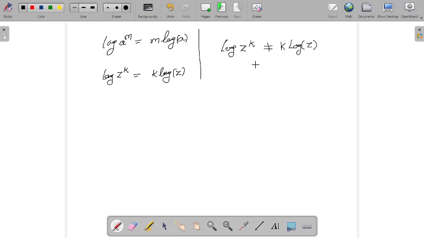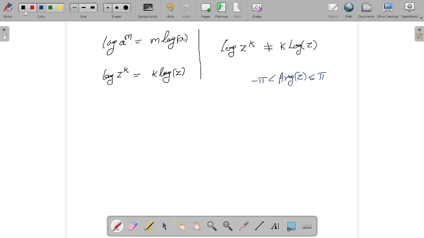Can you see why? If it is a principal logarithmic function, we want the argument of z to lie between minus pi and pi only. Of course, it's not going to take plus minus pi. So minus pi is strictly less than argument of z, which is less than pi.